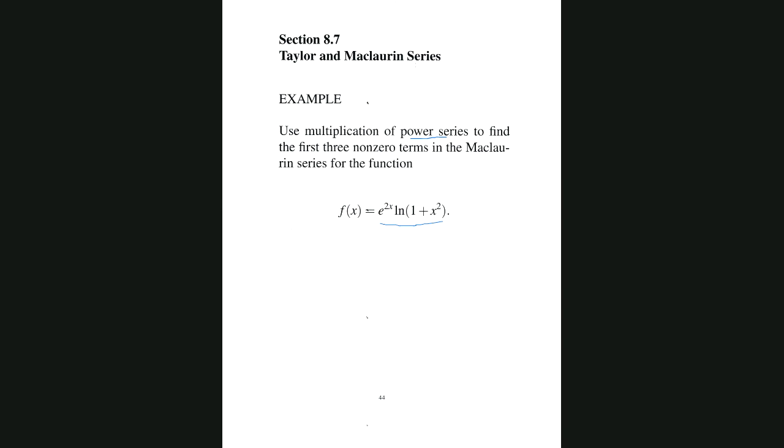We could answer the question by doing that, but again, we have that table that you saw in the recording, in my table, and in the table in the book. We have the Maclaurin series for e to the x. Hence, we can get the Maclaurin series for e to the 2x. And also, we have a Maclaurin series for the log of 1 plus x. And therefore, we can get the Maclaurin series for the log of 1 plus x squared.